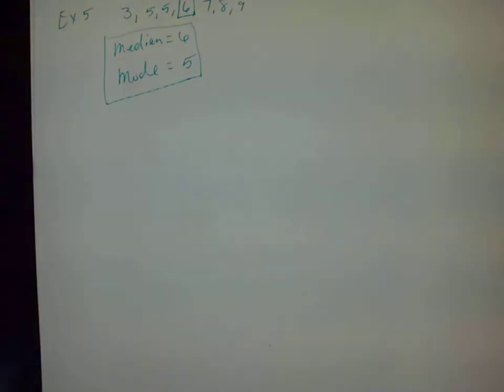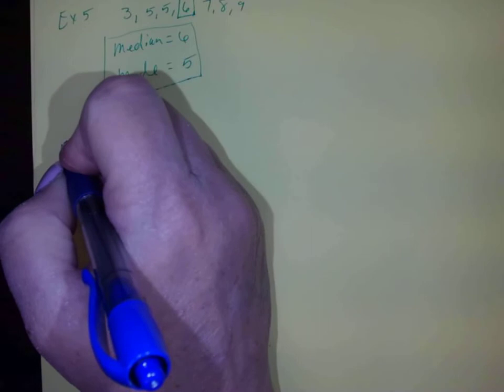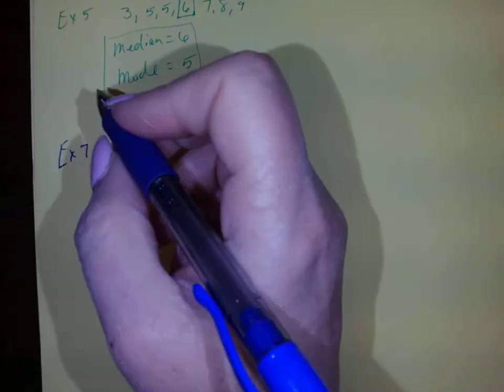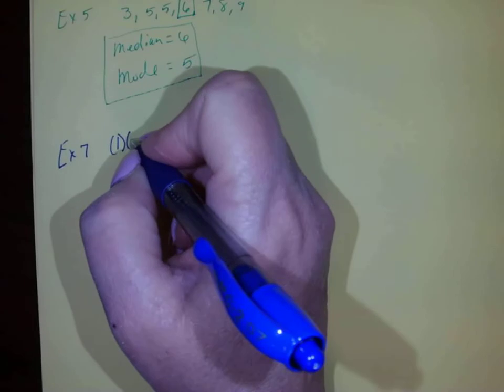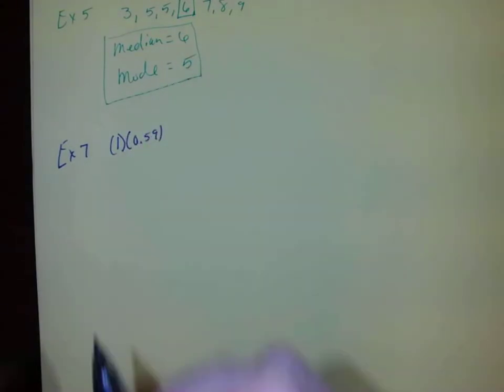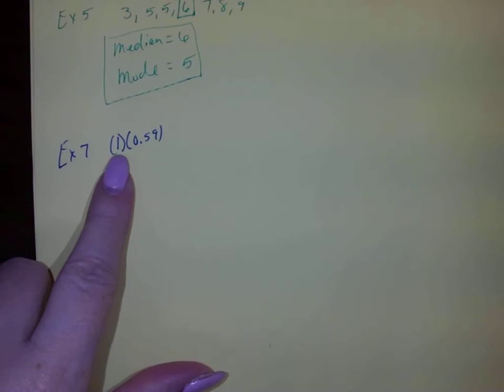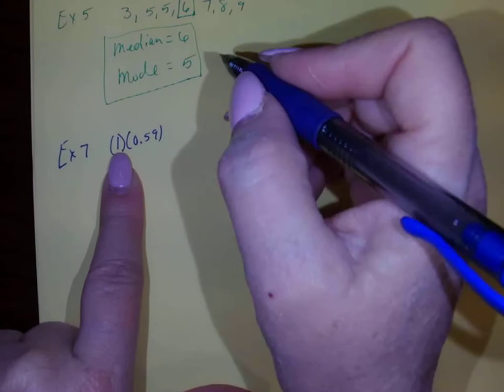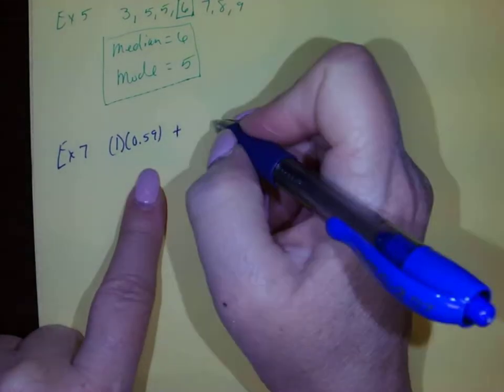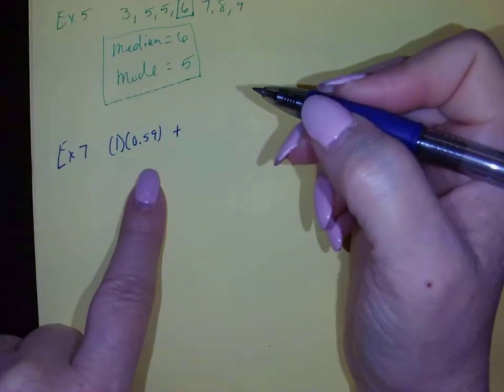All right, so this will be example 7. The probability of a head turning up is 0.59, and if we get a head, we win $1. Now, we add that to what we get if we get a tail.